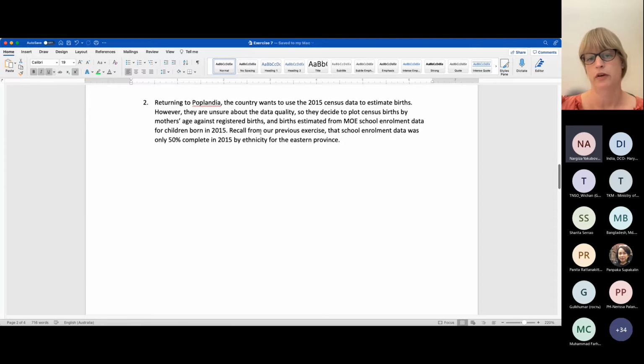But if you recall from our previous exercise, I believe we did yesterday, the school enrollment data was only 50% complete in 2015 by ethnicity for the Eastern Province. So if you recall, 2015 had some problems for the Ministry of Education.